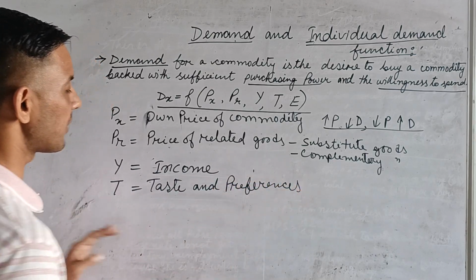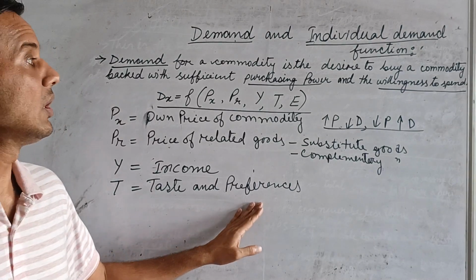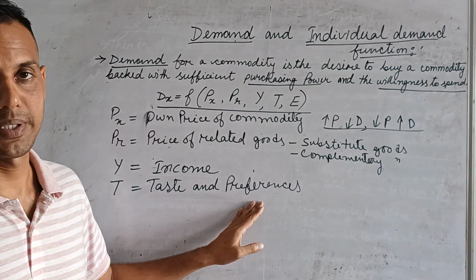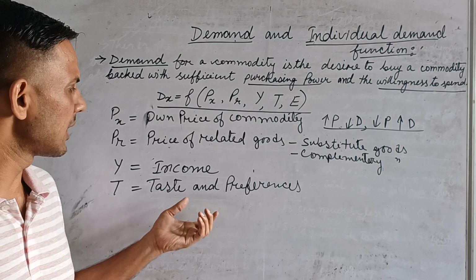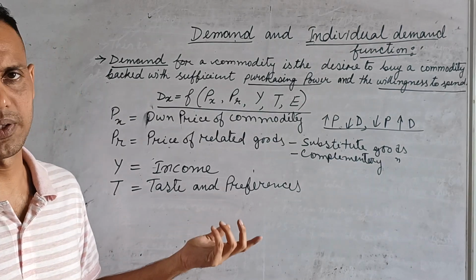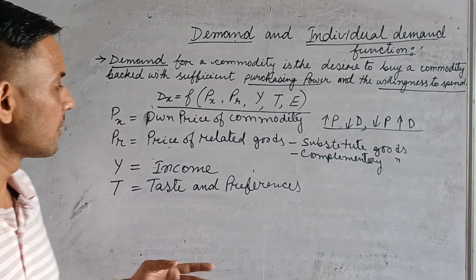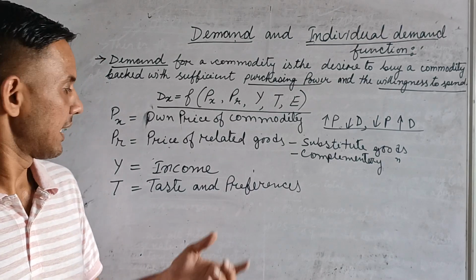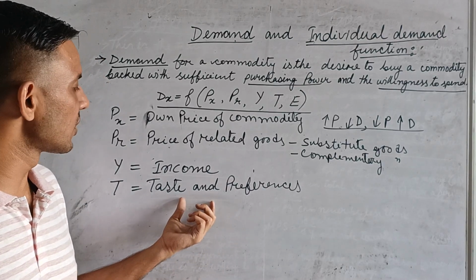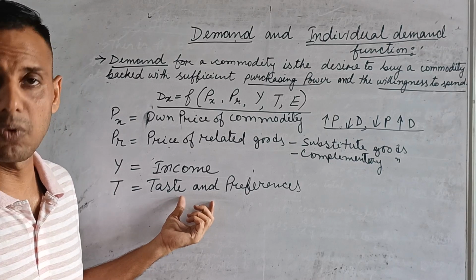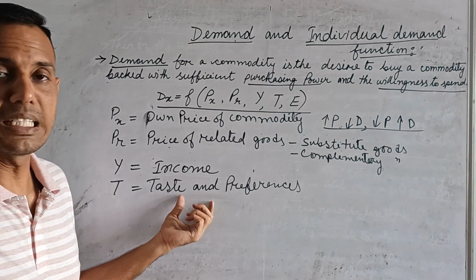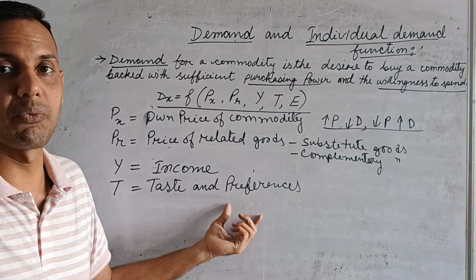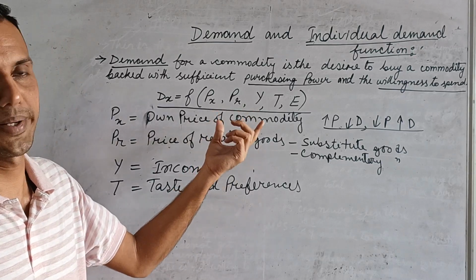Taste and preferences can also determine your demand. It is actually because of advertising or other things. Suppose you have changed your consumption pattern, or you are very interested in a product. That interest, that taste, that preference can determine demand.